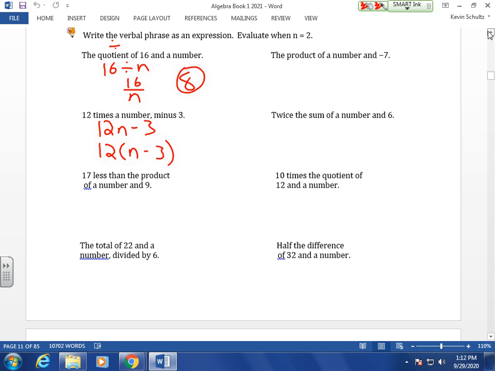So when you see a comma in a statement, that kind of means pause, like take a breath. So it would be 12 times a number, minus 3. That's what we're trying to figure out. If I say, write the expression 12 times a number, minus 3, which one am I talking about? The top or the bottom?